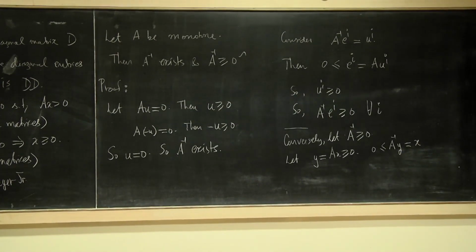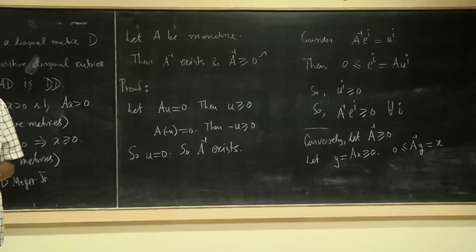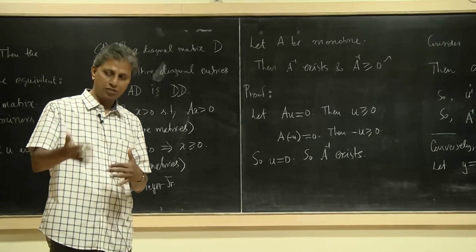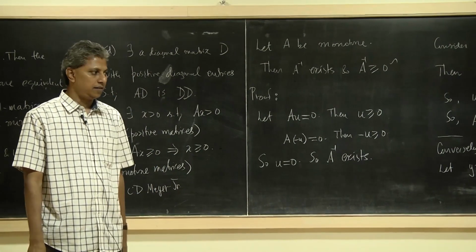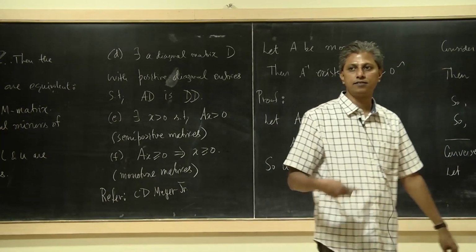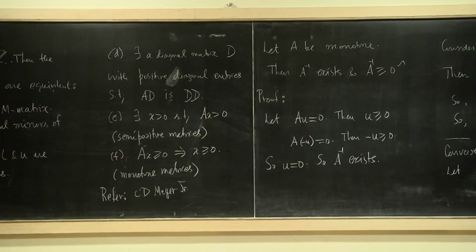I want to move on then to a characterization of an M matrix in terms of matrices satisfying a property with respect to an optimization problem, a linear complementarity problem. I believe Professor Niyogi is coming next week, so he will discuss this notion of linear complementarity problem in much greater detail.